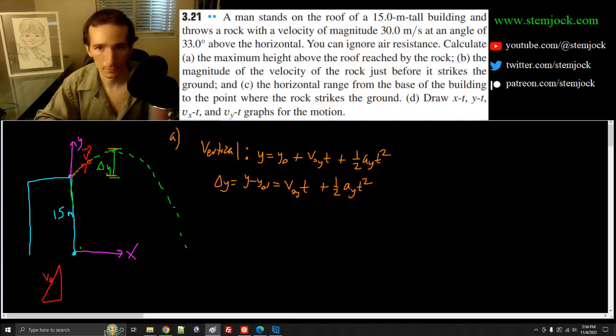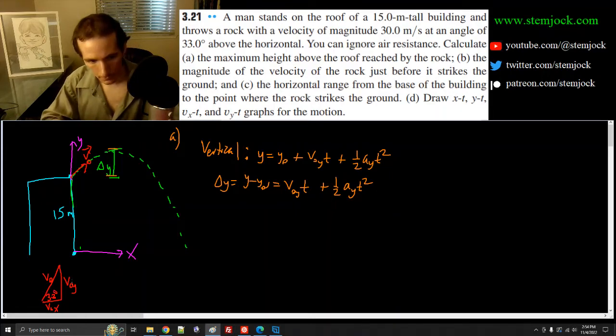That's going to be the 30 meters per second. Its component along the y-axis is going to be v0y. That's what we want to put right here. And the component along the x-axis is v0x. We don't really care about that because we're considering only the vertical motion here. Oh, and the angle. The angle is 33 degrees above the horizontal, so that's going to be this right here.